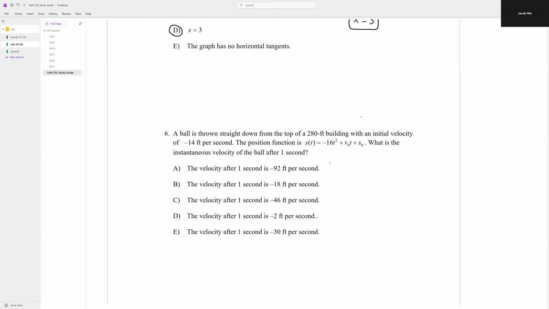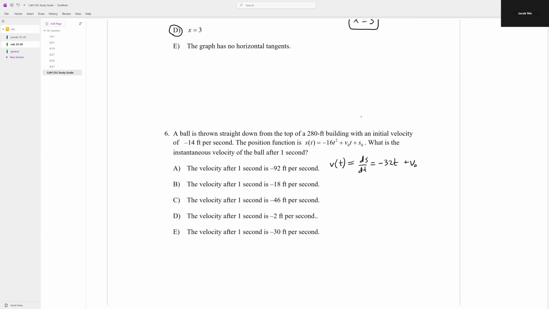And so that tells us that v of t, if we allow that to denote the velocity, is going to be equal to ds dt, which we can calculate as negative 32t plus v naught. That's just by power rule. The derivative of negative 16t squared is negative 32t, and the derivative of v naught t is v naught. And then s naught is a constant, and so that's just going to be 0.